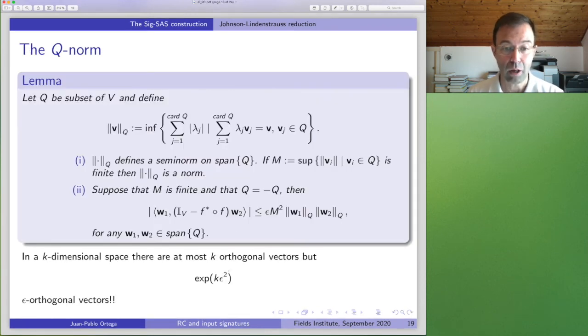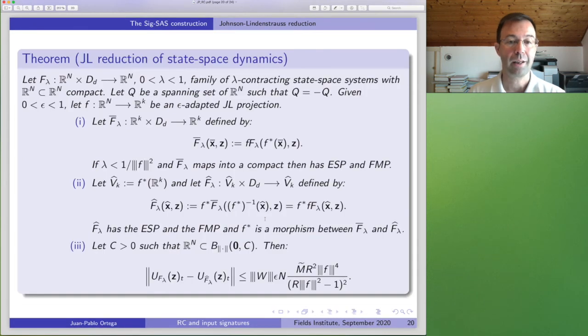So it will not be k orthogonal vectors, it will be e to the power k epsilon squared epsilon orthogonal vectors. If you are willing to accept this epsilon here and not 0, that's what this lemma is telling you. And this is the main tool that we use in the construction of bounds for this approximating projected state space systems that we build in this theorem.